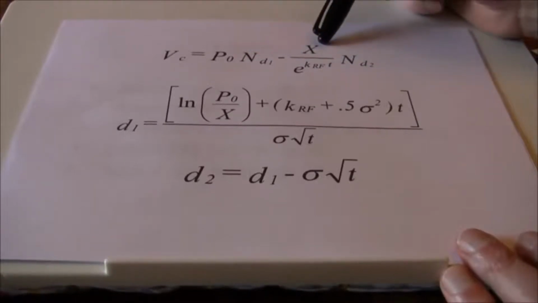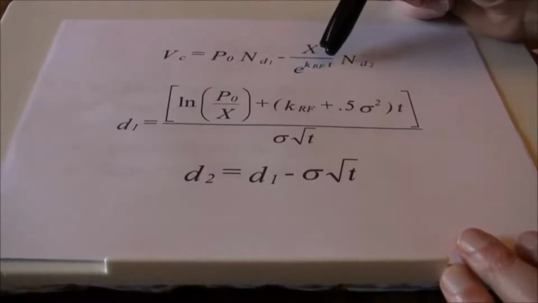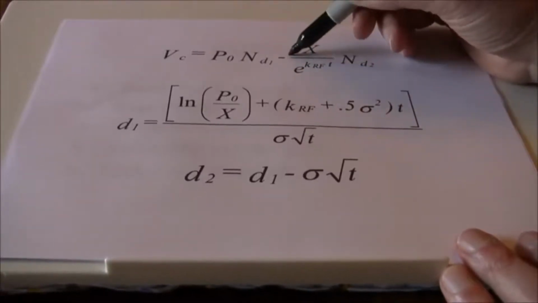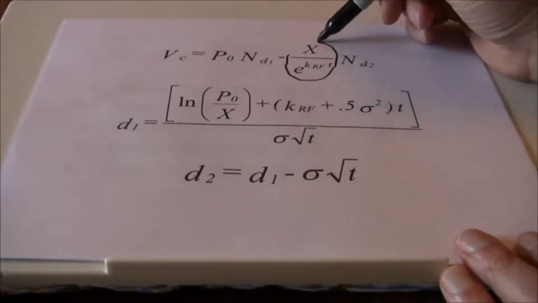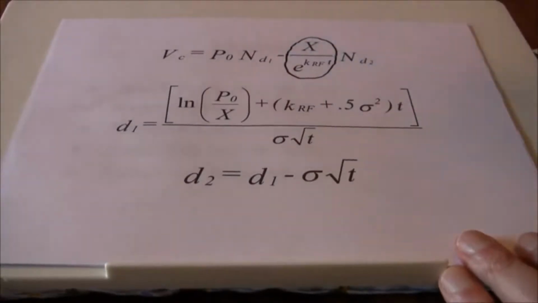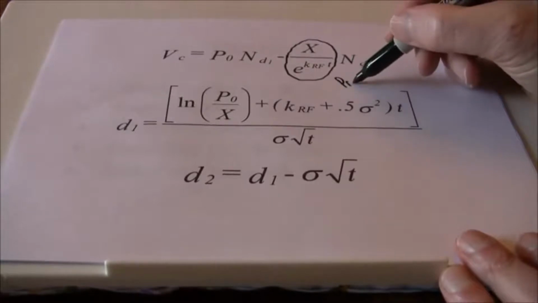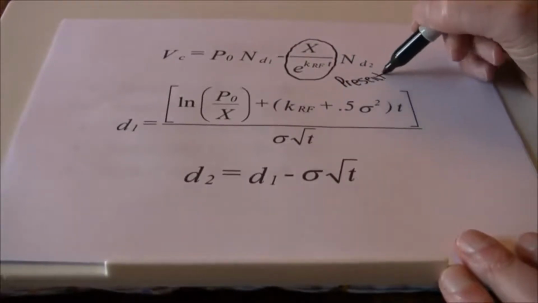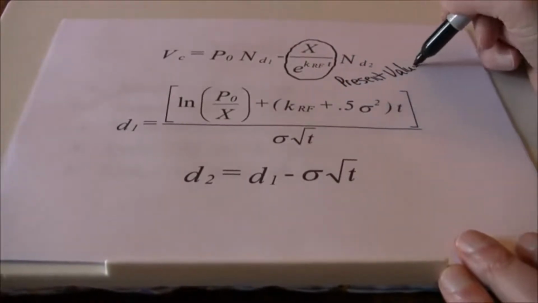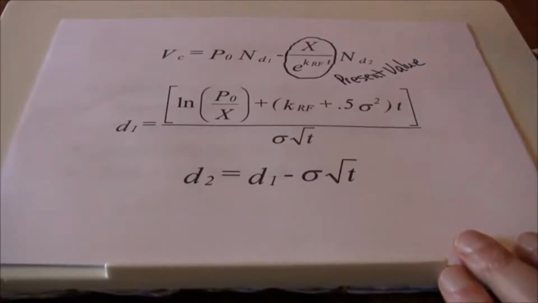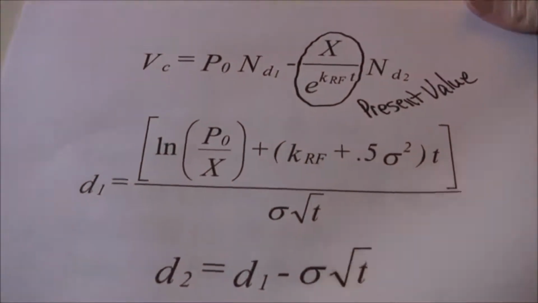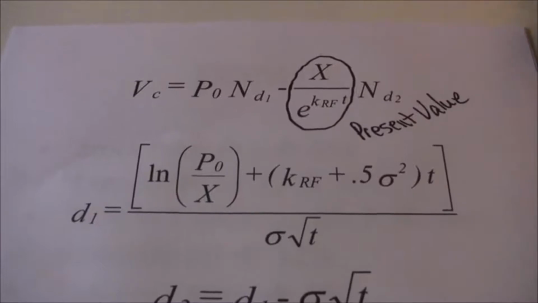minus the exercise price divided by e to the risk-free rate times time. Now this looks like a big mess, but really all that is is a present value. It's the present value of the exercise price discounted back to today at the risk-free rate of return.